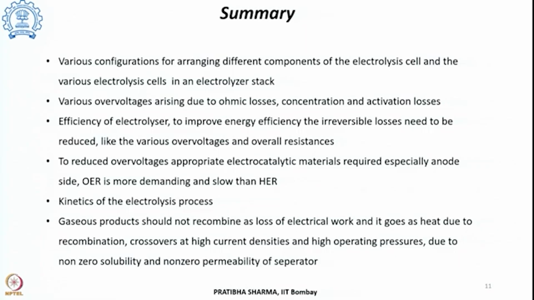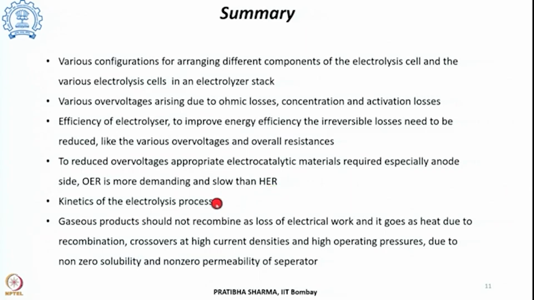We have seen what is the efficiency of an electrolyzer and how we can improve the energy efficiency, and that can be done by reducing the irreversible losses like the different overvoltages and the resistances involved in the process. These overvoltages can be reduced if we select an appropriate electrocatalytic material, especially on the anode side, because the oxygen evolution reaction is more demanding and slower compared to the hydrogen evolution reaction.